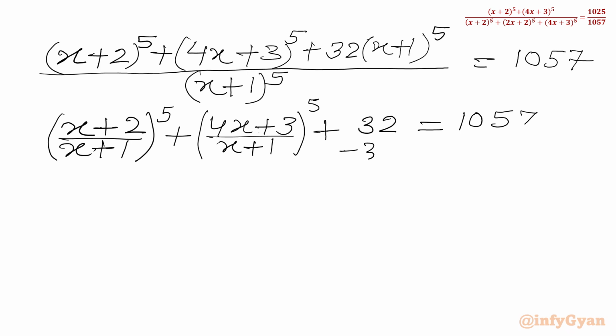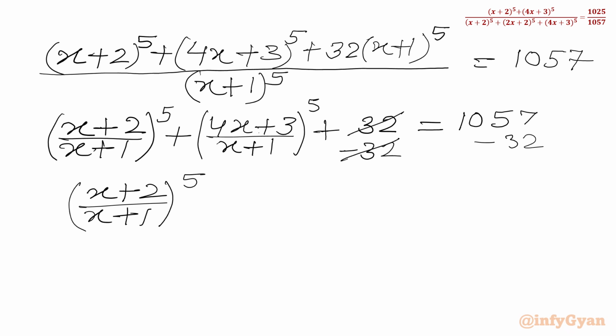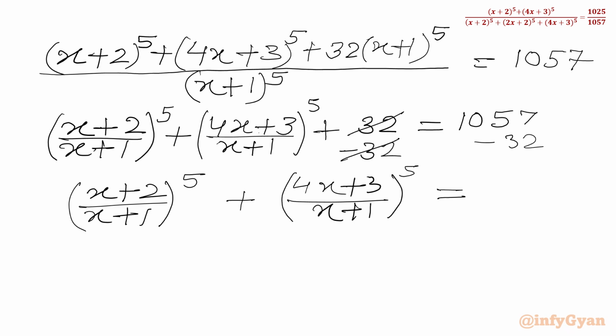Now we will subtract 32 from both the sides. So plus and minus 32 will be over from LHS. We will write our equation (x plus 2) over (x plus 1) whole power 5 plus (4x plus 3) over (x plus 1) whole power 5 will be equal to 1057 minus 32, 1025.